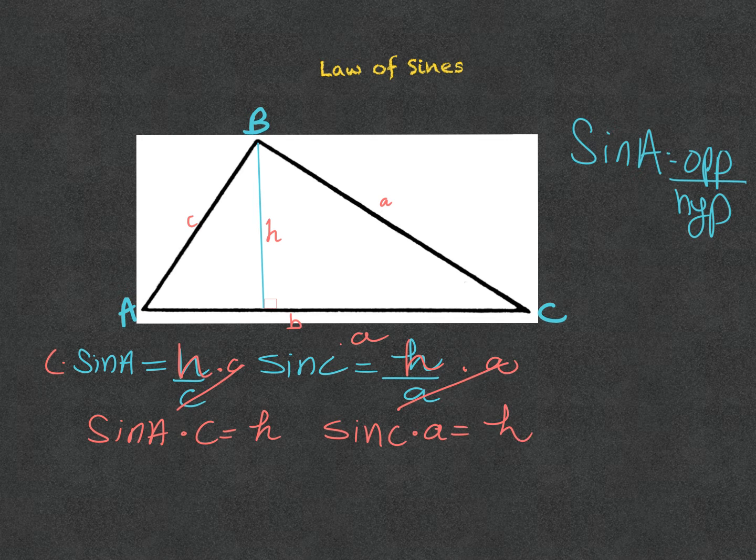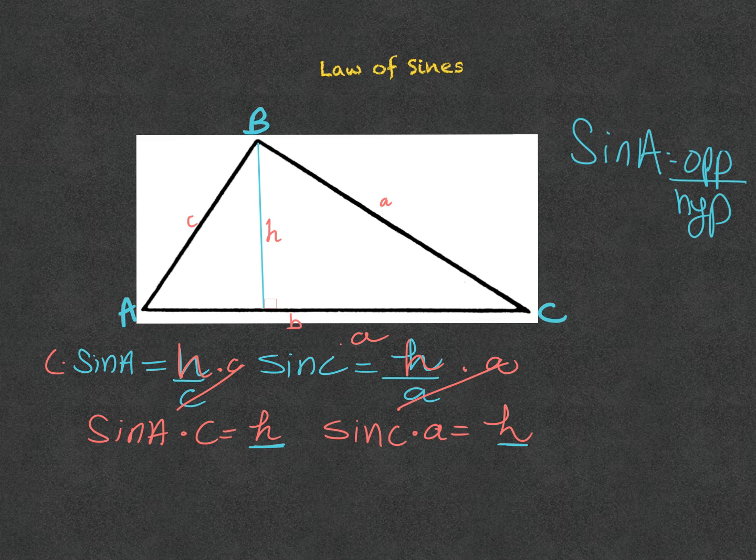Now, as you notice in mathematics, it's always amazing when you get to a proof and you have two different expressions in terms of the same letter. Look, my H here is the same for both. It's the same H on that diagram.